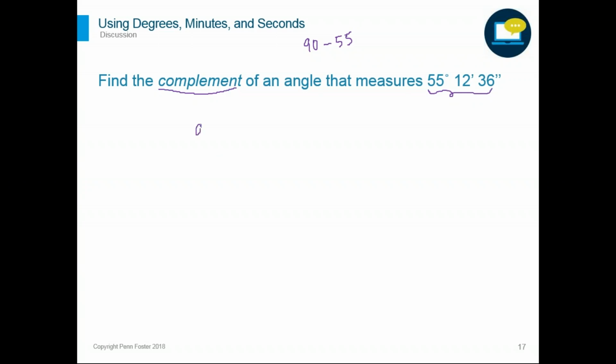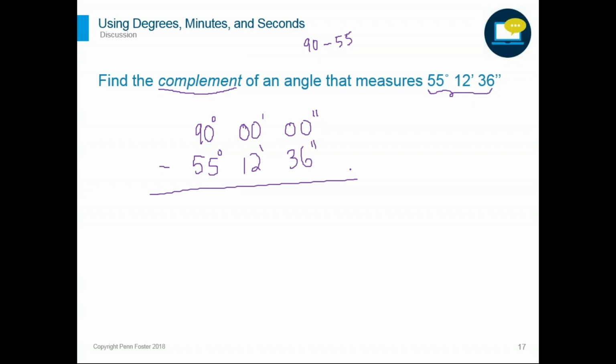So we're still going to do 90 degrees, 0 minutes, and 0 seconds minus 55 degrees, 12 minutes and 36 seconds, and do the subtraction. That looks like the subtraction that we used to do in elementary school when we had to borrow, because 0 minus 36, we need to borrow from the next column over to the left. And that is 0. It does not have anything to give us.